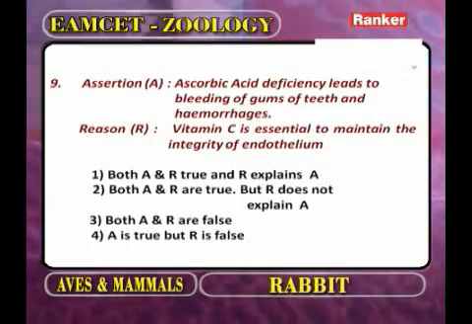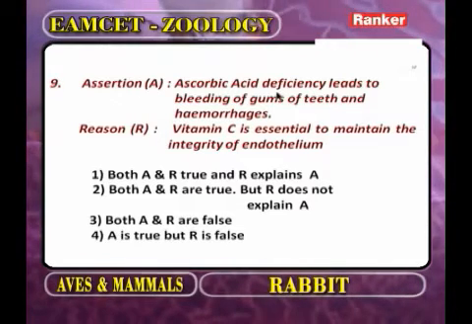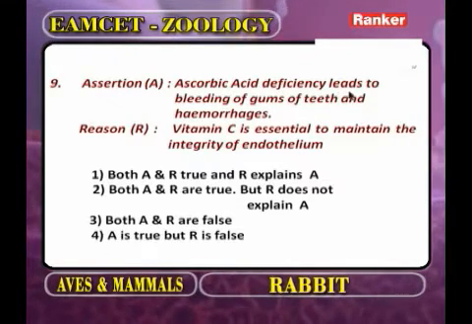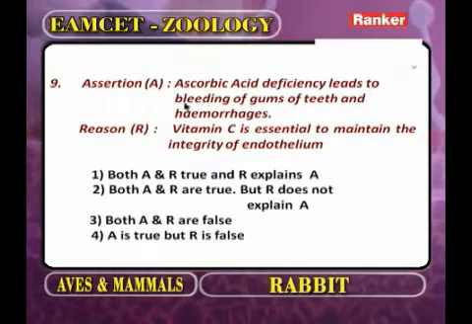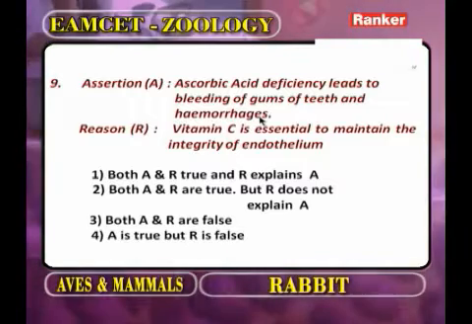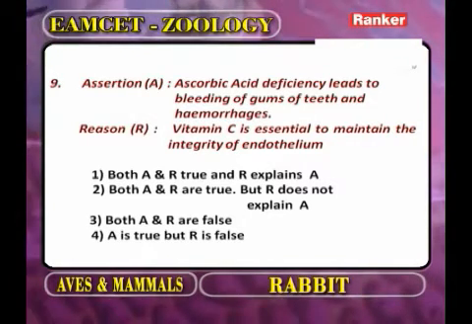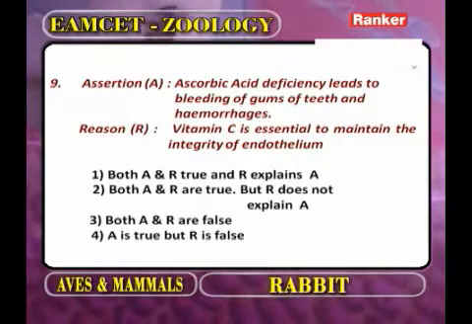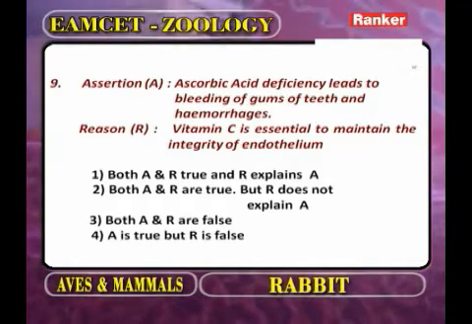Assertion: ascorbic acid deficiency leads to bleeding of gums and hemorrhages. Now, as we observe, vitamins are broadly classified into two categories.